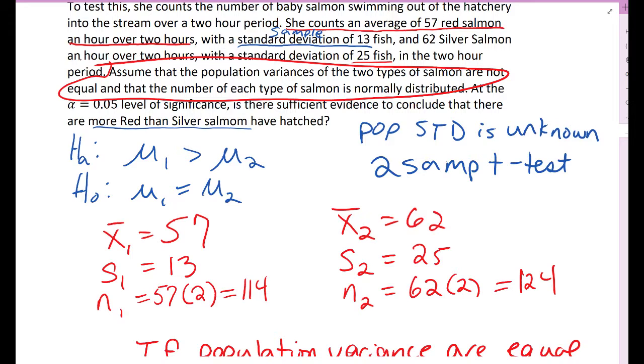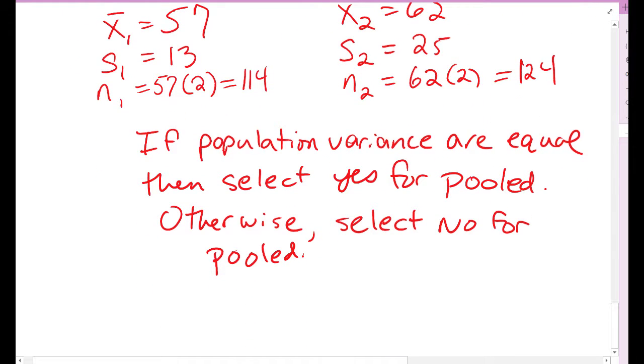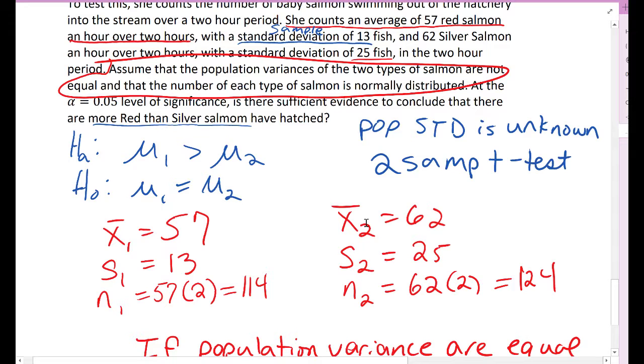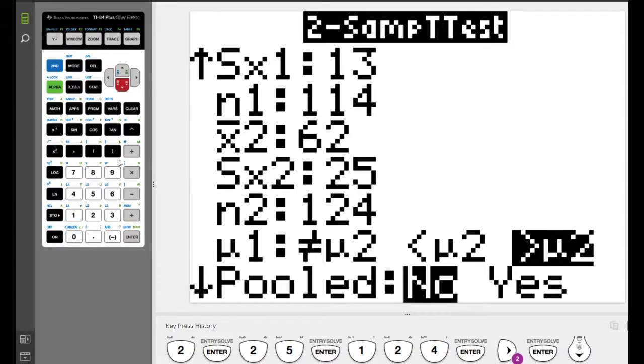Well, we don't have to worry about normal distribution. But anyways, the population variances are not equal. Therefore, for pooled, for this one, we're going to select no.